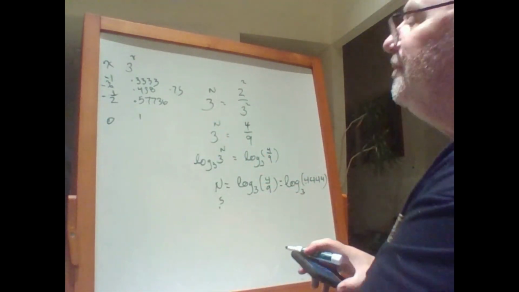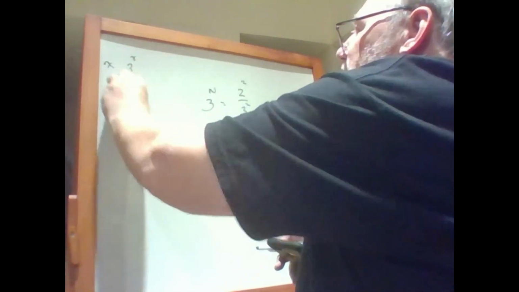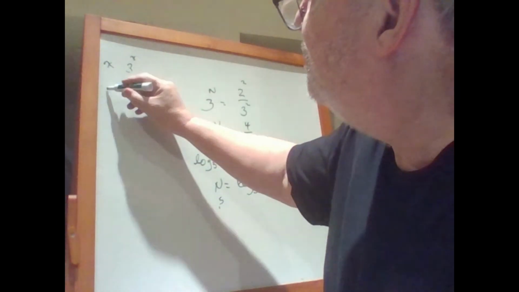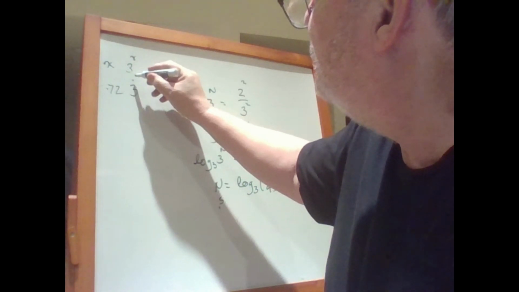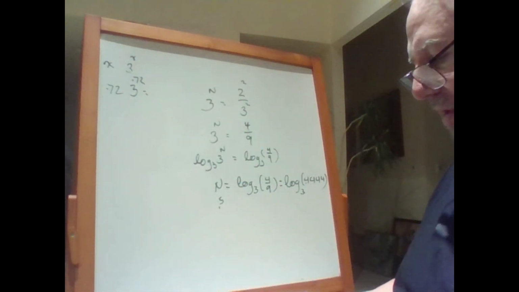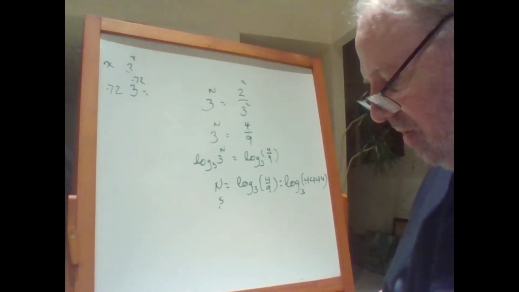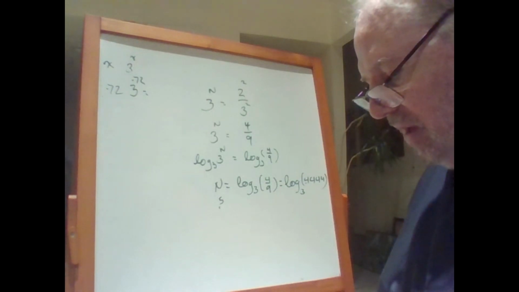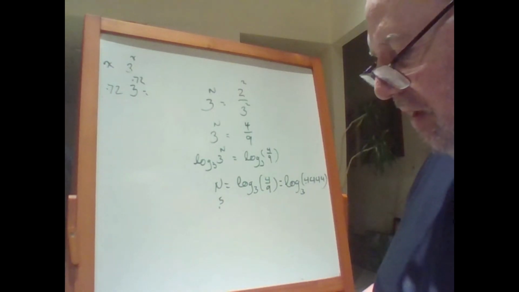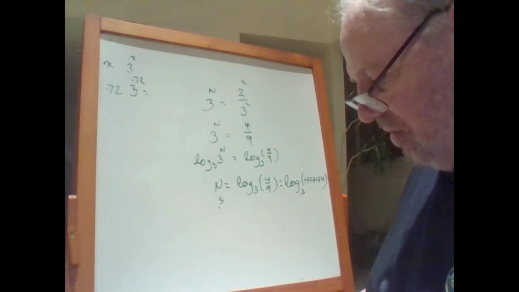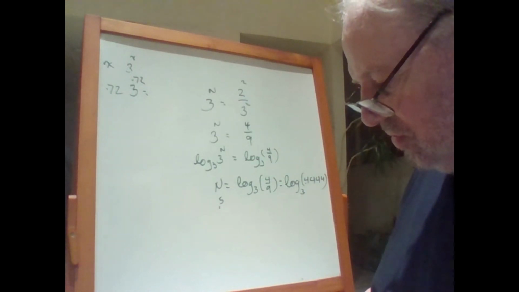So x is 0.72. 3 to the 0.72 is, and then we invert. That's too big. 3 raised to the 0.725.